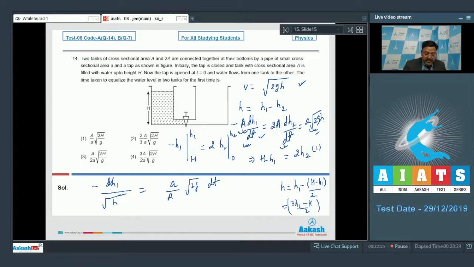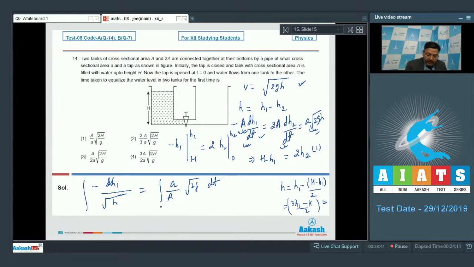We replace it and integrate with proper limits. When the levels become equal, then h1 and h2 are of course equal, and using the conditions that we have already got, we find the time by replacing h by this expression here and carrying out the integration.